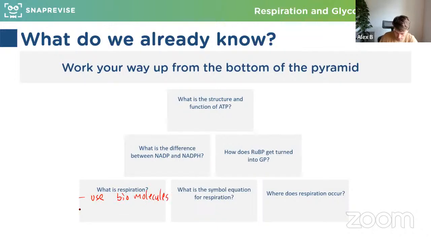So use biomolecules to synthesize ATP. Something like that. So you're kind of right. Glucose is the most common respiratory substrate, but it's not the only one. So you can talk about other stuff as well.